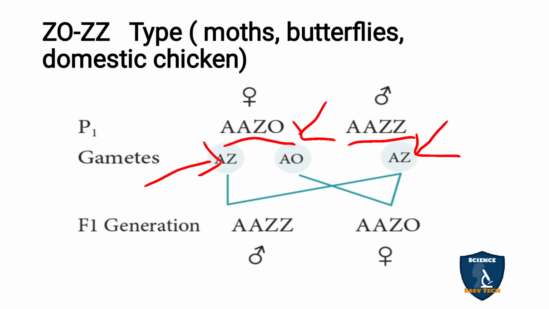In the F1 generation, you get AAZZ, a male offspring, and AAZO, a female offspring. Here the single Z determines the sex of the species.